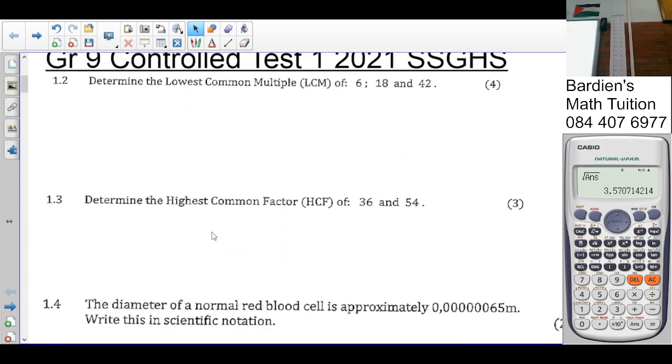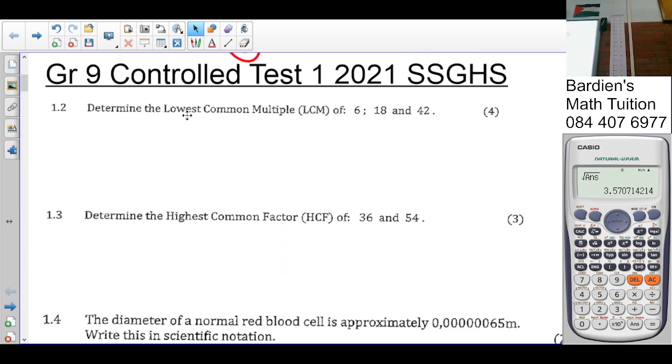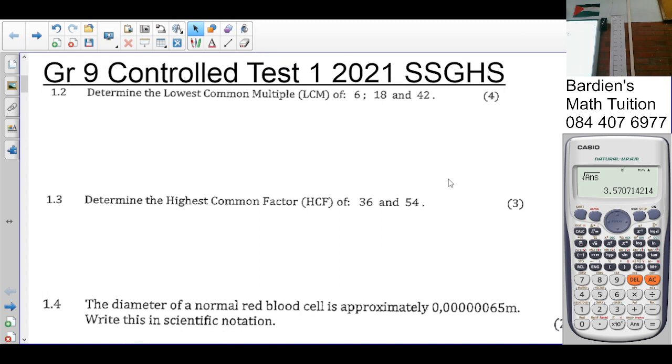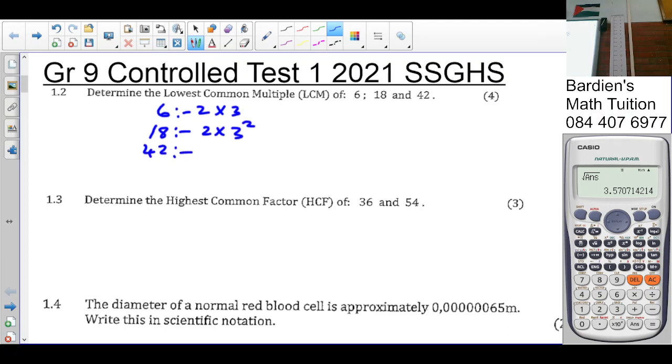Next question, we are told, determine the lowest common multiple, the LCM, of 6, 18 and 42. So 6 can be written as 2 times 3, not so. 18 can be written as a 2 and a 3 squared. For 42, it's a 2, it's 21, 3 and 7. So what I do first is I write it as a product of its prime factors.